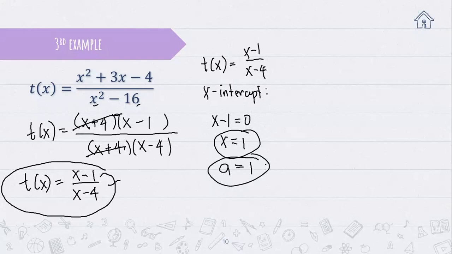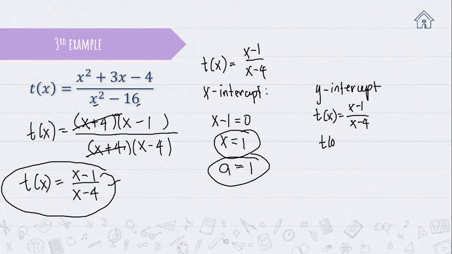Okay. So, how about our y-intercept? Paano kunin si y-intercept? Palitan ng zero ang x. Very good. So, we need to substitute our x with 0.